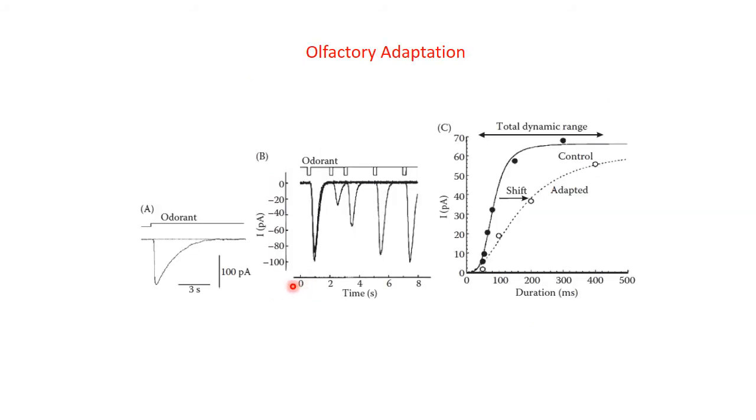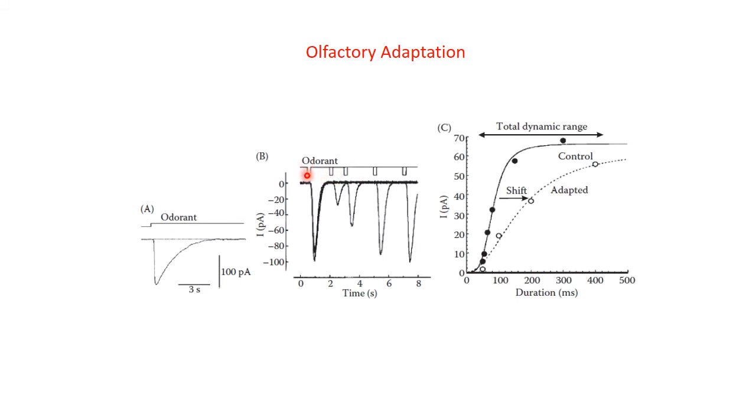These olfactory receptor neurons also show the phenomenon of adaptation, as any other kind of sensory cell. So if an odorant is applied for a long period of time, here over 5 seconds or so, you can see that the response of this cell wanes very quickly with time. Another way to see this phenomenon of adaptation is to apply odorants at different time points.